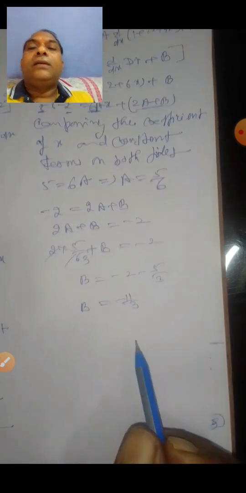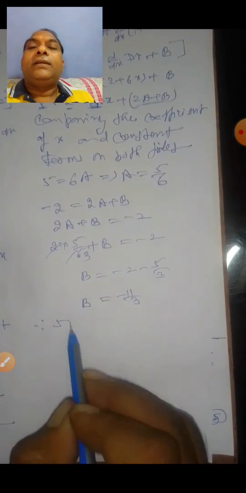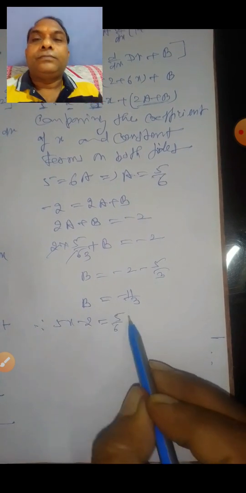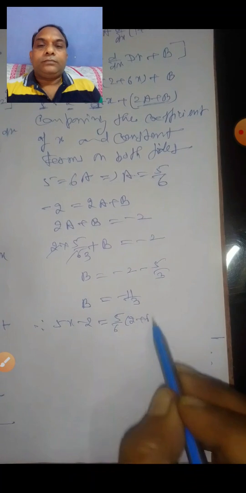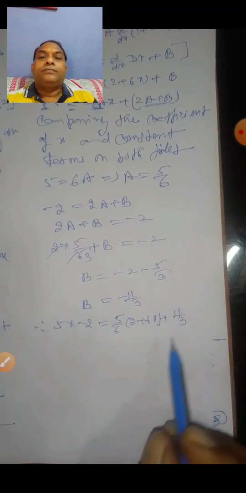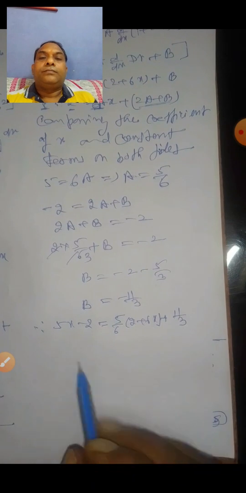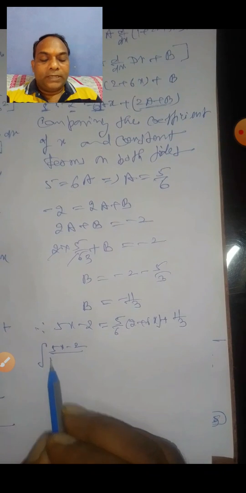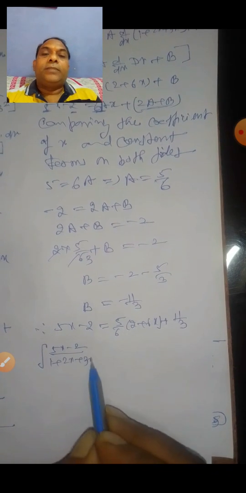Clear? Now put the value of A and B. Then 5x minus 2 can be written as 5 by 6 into (2 plus 6x) plus (minus 11 by 3).